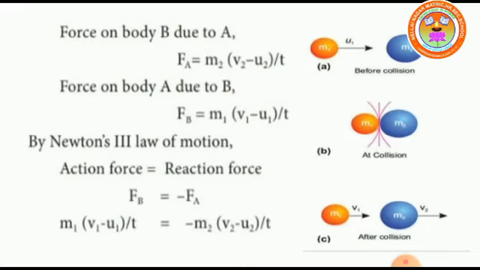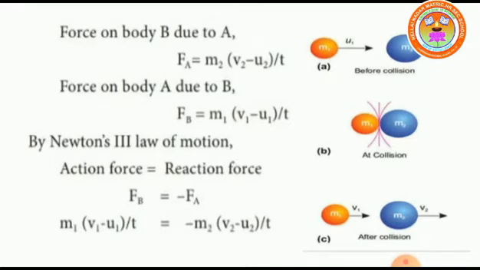So first object name A and second object name B. So force on body B due to A, the formula is Fa is equal to m2 into (v2 minus u2) divided by t. Force on body A due to B, so Fb is equal to m1 into (v1 minus u1) divided by t.